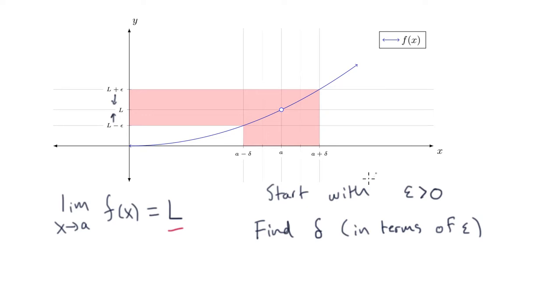But this is the game. I start with an epsilon. You give me an epsilon. My job to prove the limit is to find this delta that will depend explicitly on epsilon, so it'll be a function of epsilon, such that if you pick something in this window, so this window here is exactly this window right here.